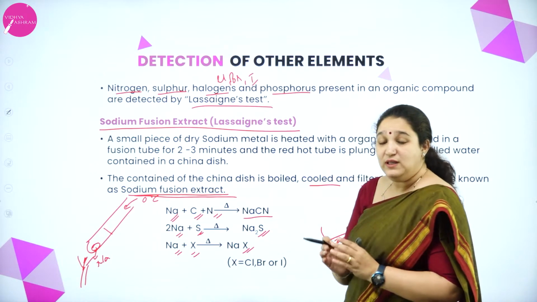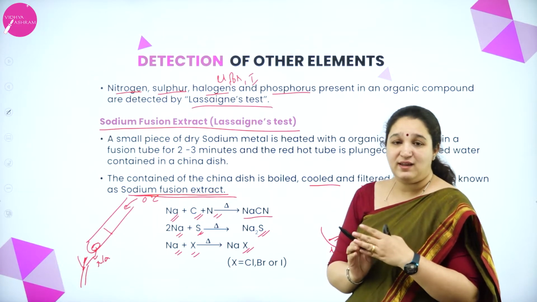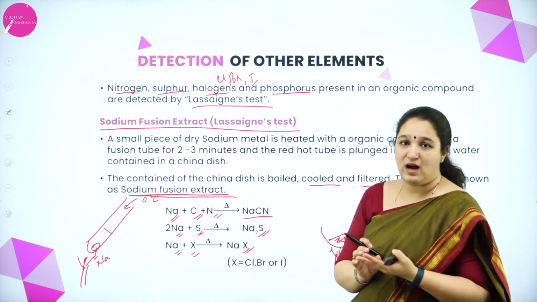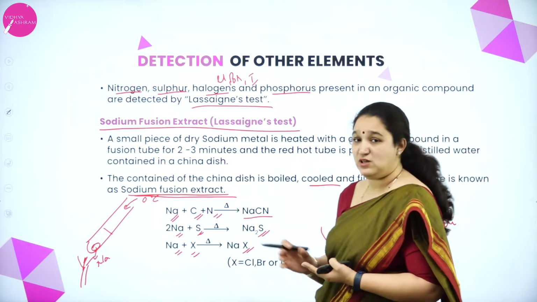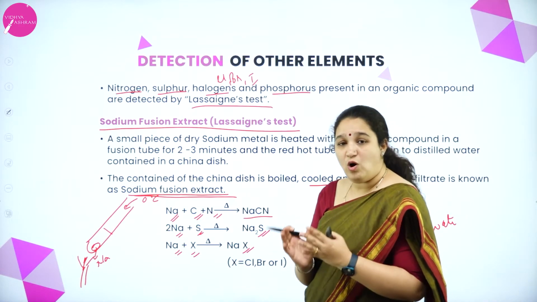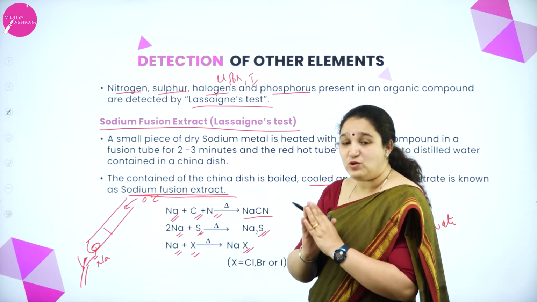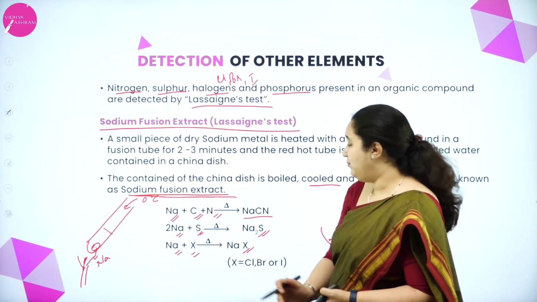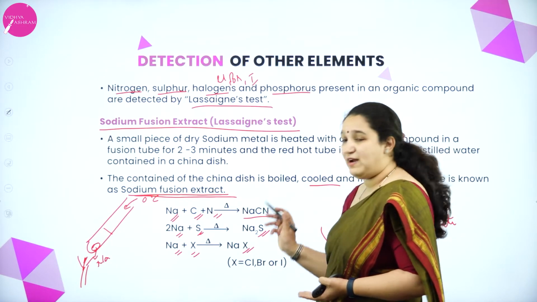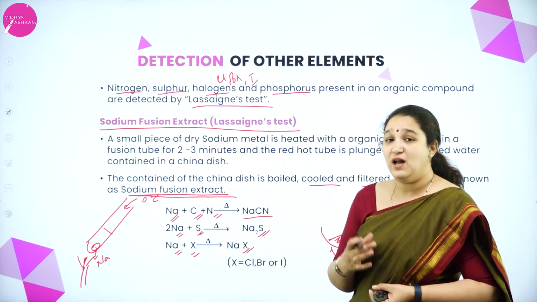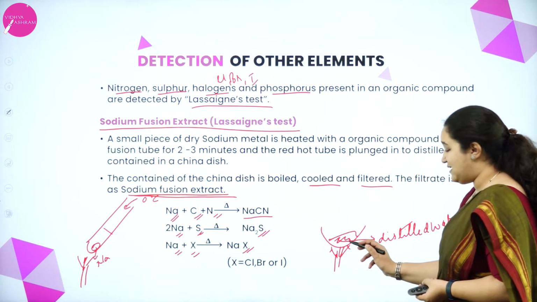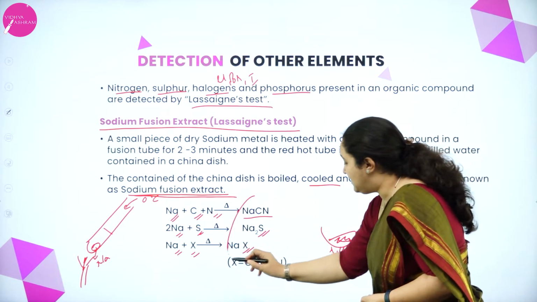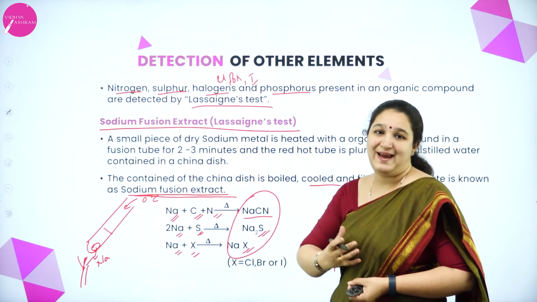So the elements other than hydrogen react with sodium metal to form sodium cyanide, sodium sulphide and sodium halide. Now, my sodium fusion extract contains this form of the element.